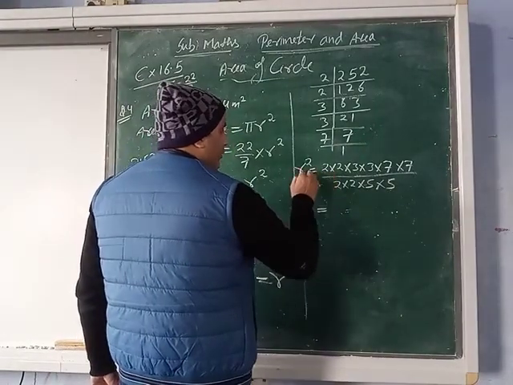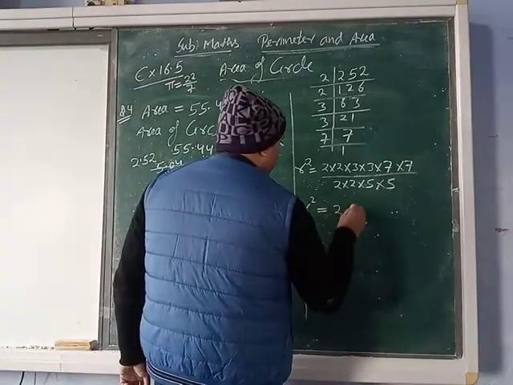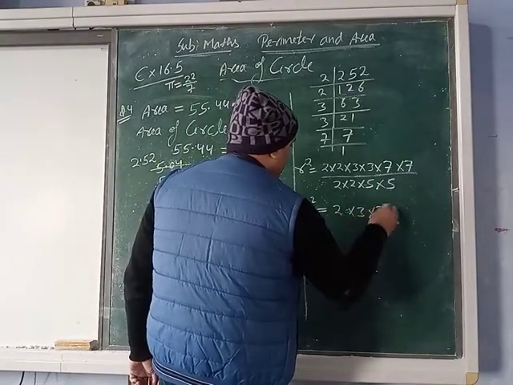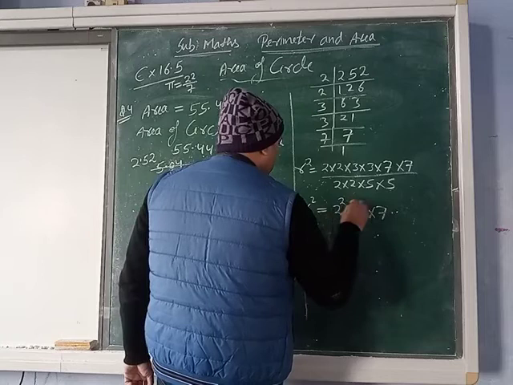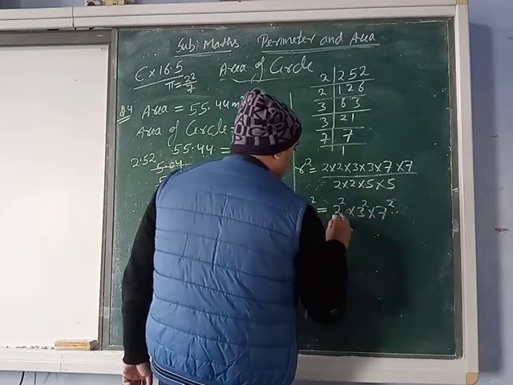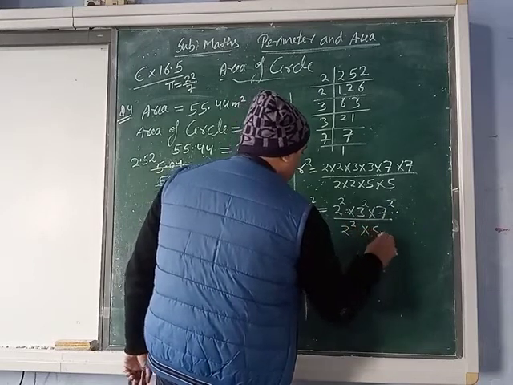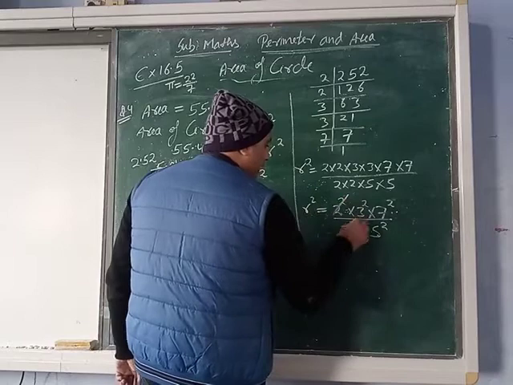Now r square is 2 power 2, 3 power 2, 7 power 2 upon 2 power 2, 5 power 2. This will be cancelled out.